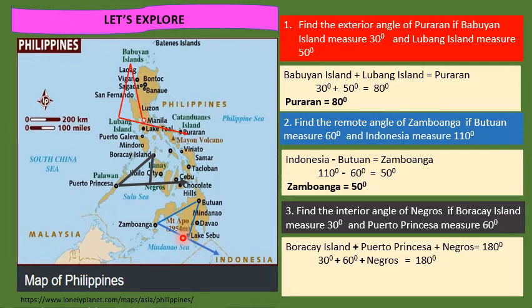Now, 30 plus 60 is 90 degrees. Then we're going to transpose the other side, or use the subtraction property of equality. It becomes 180 degrees minus 90 degrees. Therefore, the answer is Negros is 90 degrees.